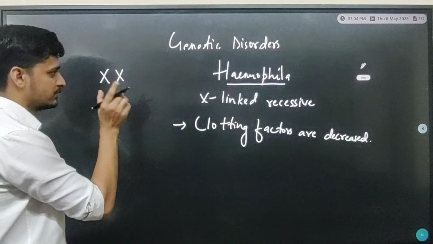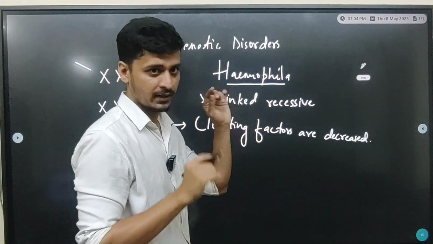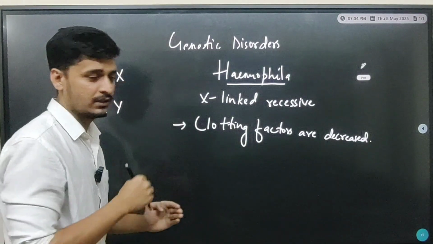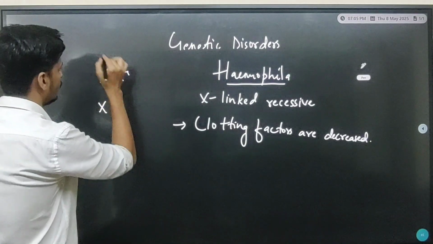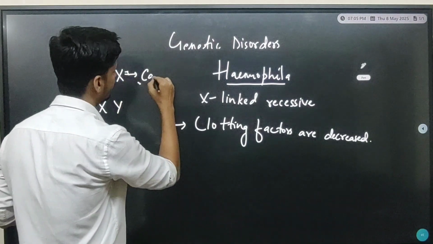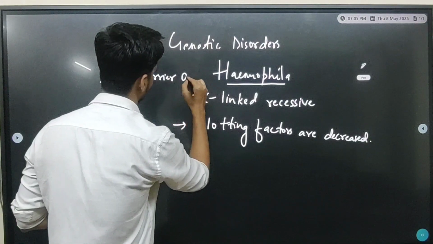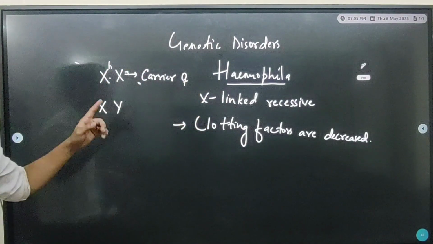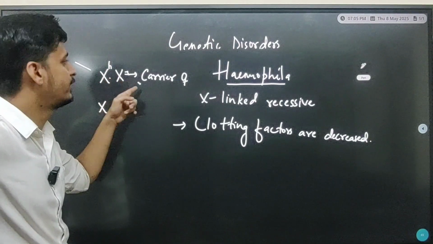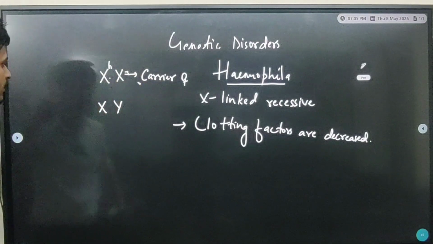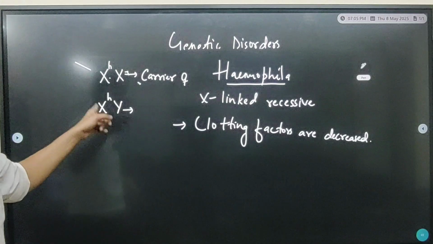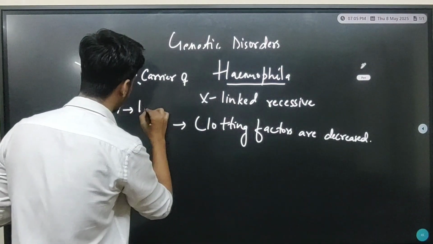If the gene for hemophilia is present on one X chromosome of a female, this will lead to a carrier female. If one hemophilic gene is present on the X chromosome of a male, it will lead to a hemophilic male.